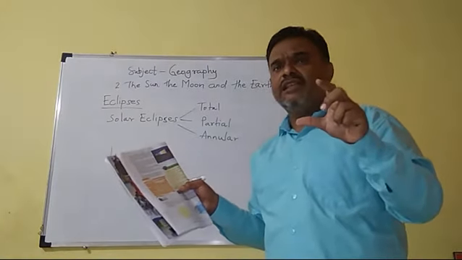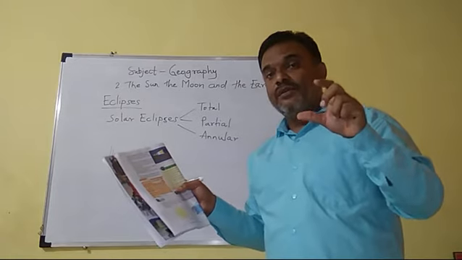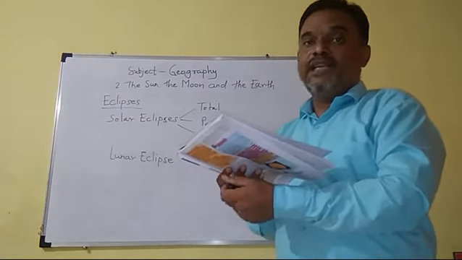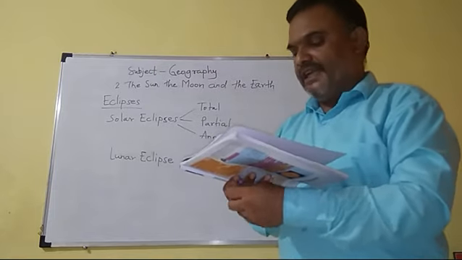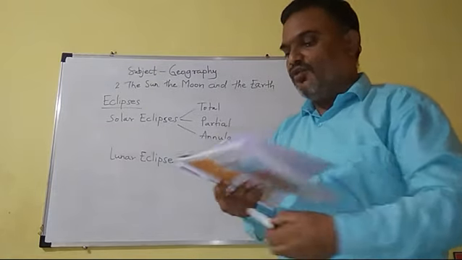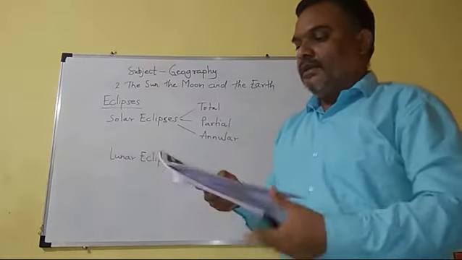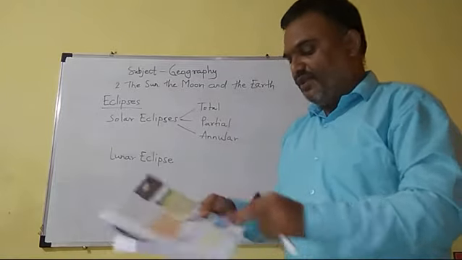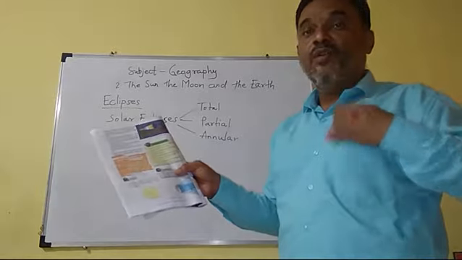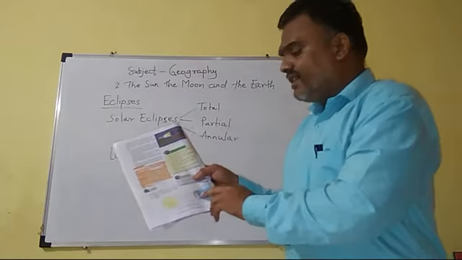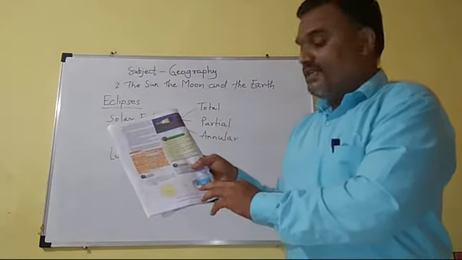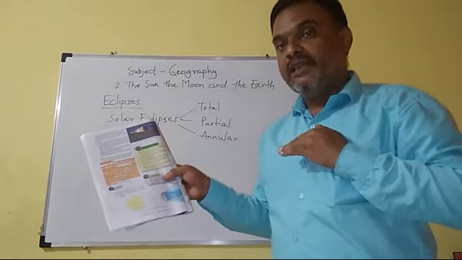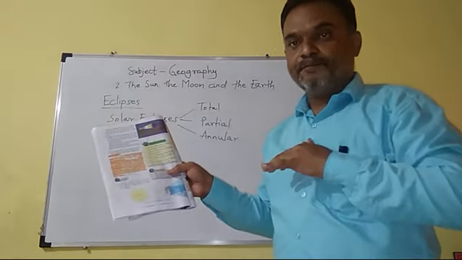I have already sent a video on our WhatsApp group. Now the next type of eclipse is lunar eclipse. Refer to figure 2.8. On a full moon day, the three celestial bodies, the sun, the earth and the moon, come in one straight line, and they are in the same plane.